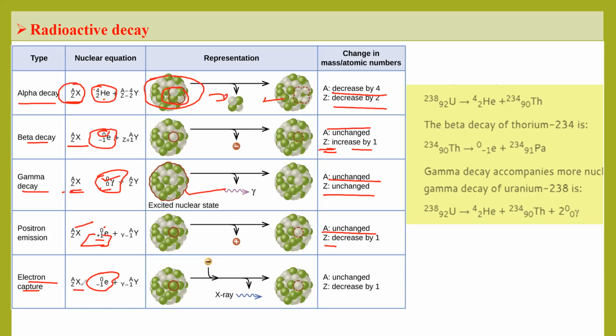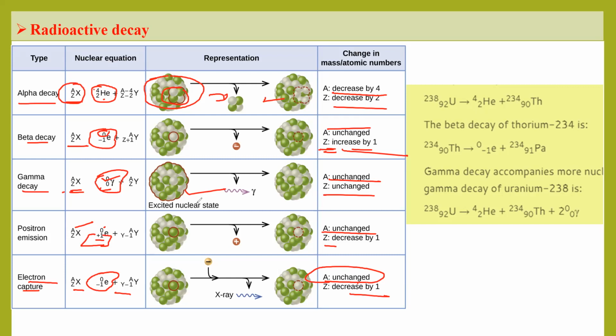Initially ZXA. A is unchanged, so in mass number there is no difference. But in the case of Z, it decreases by 1, while in beta it increases by 1. So this is the simple difference between electron capturing and beta decay.